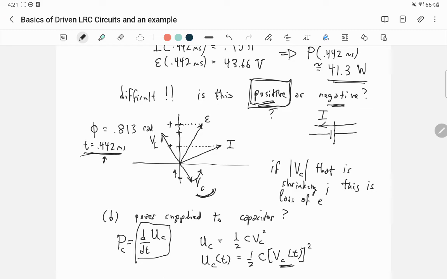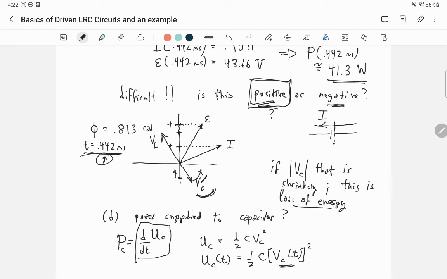this is a loss of energy, right? If the voltage is shrinking in time at this moment, then that means that the charge separation is shrinking. And if the charge separation is shrinking, the electric field is diminishing. And remember that the energy is proportional to the electric field squared, right?